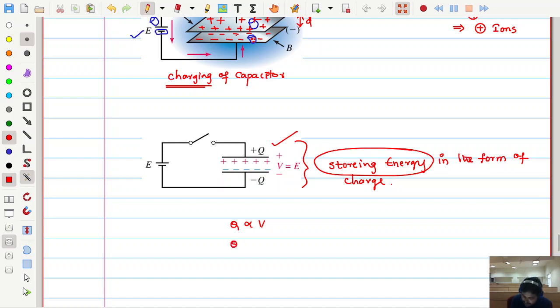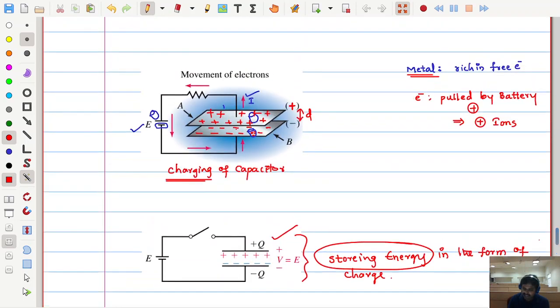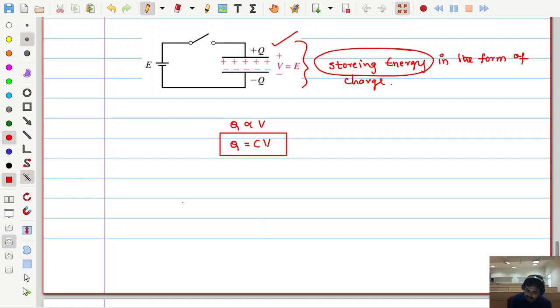So this proportionality constant we call the capacitance C. Q is equal to CV. Based on the plate dimensions and area of cross section, we can have the capacitance value C equal to epsilon naught A by d, where epsilon is written as epsilon naught into epsilon R, which we call permittivity.